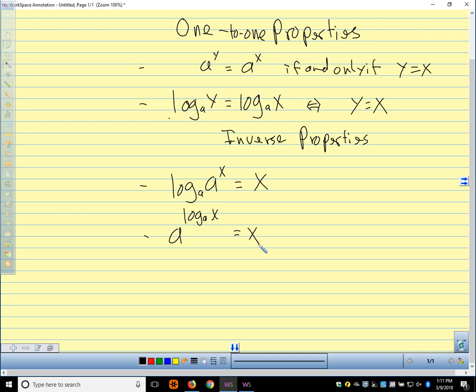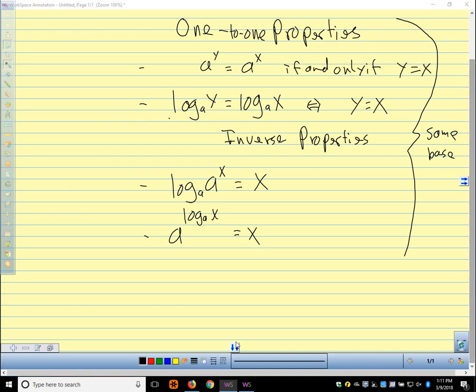One important piece of information about both of these is we need the same base. These two have to be the same base, these two have to be the same base. So we need the same base to apply these.